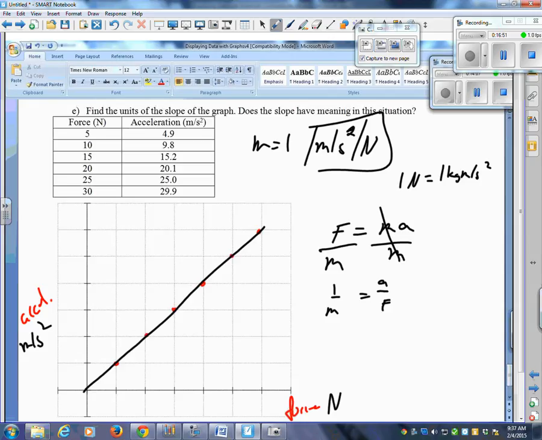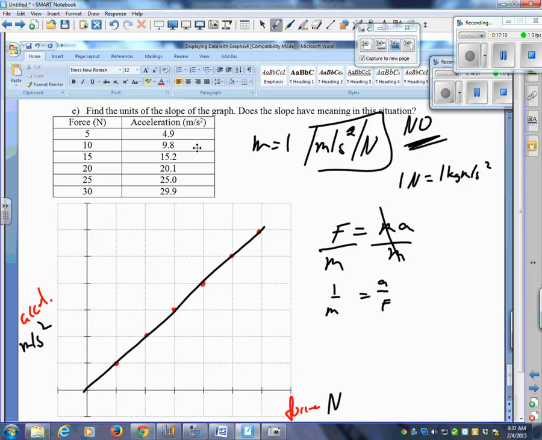Does the slope have any meaning here? No. The slope has no meaning to either grade 11 students or even scientists. We had to do it that way because we adjusted the force and we measured the acceleration.